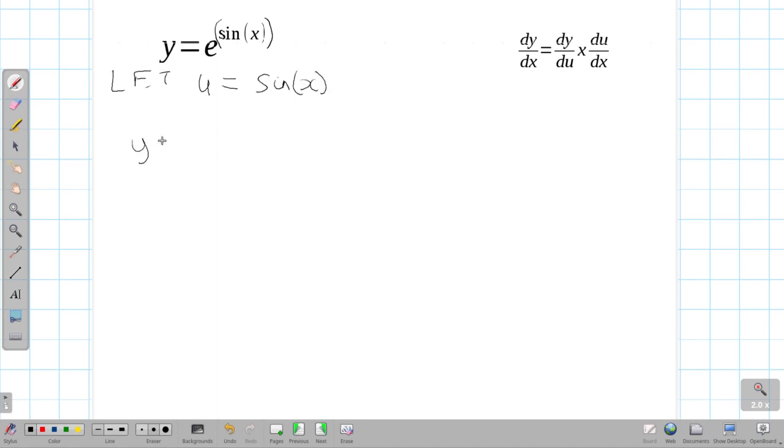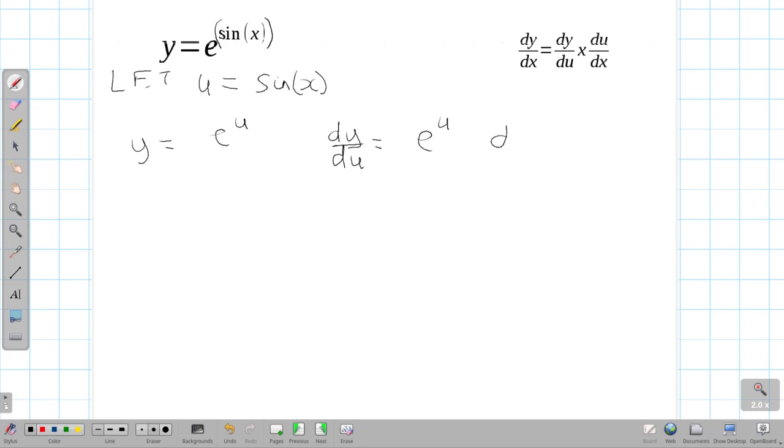That now means that y equals e to the u. So if I solve these as per the formula, dy over du, well, the world's easiest differentiation is e to the u, or e to anything. So it's just that.